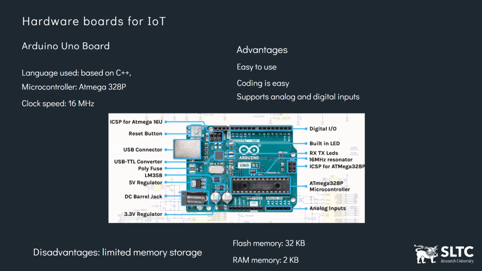The IDE or the platform that they have provided us to do the coding is comparatively easy when compared to other microcontrollers, and therefore it's easy for us to implement our code there and run it, and we can get the task done. Therefore this is a very popular microcontroller, right?